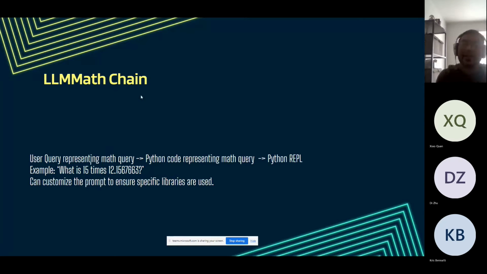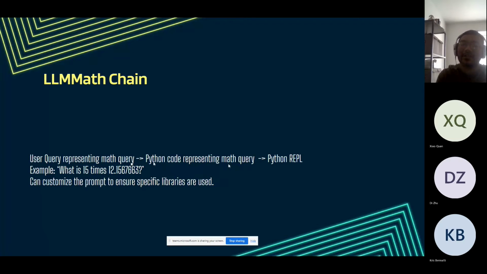So now things get really exciting. It provides something called a chain, which allows you to compose different LLM calls. So here's the LLM math chain. Let's say that I have to do math, but we know that LLMs don't get math right all the time. So what you do is you just call a Python interpreter from the LLM. The way it works is you have a user query representing a math problem, let's say, what is 15 times this?